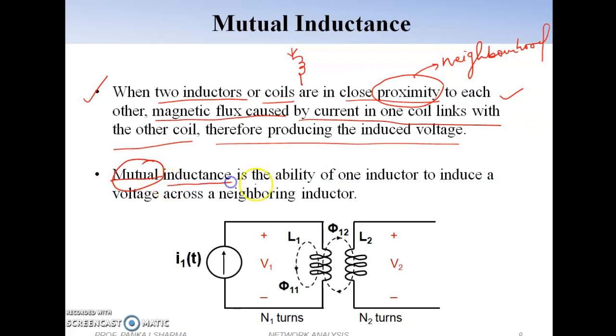Mutual inductance is the ability of one inductor to induce a voltage across a neighboring inductor. Let us understand via this circuit diagram. This is your current source given. Direction is upward like this. This is your i1(t). This is your inductor.